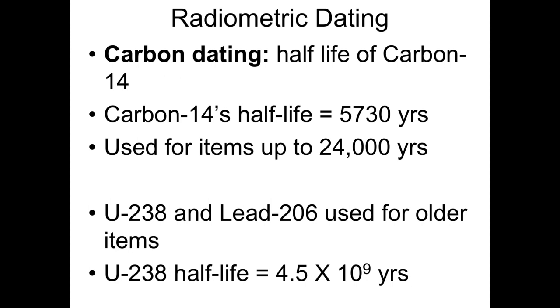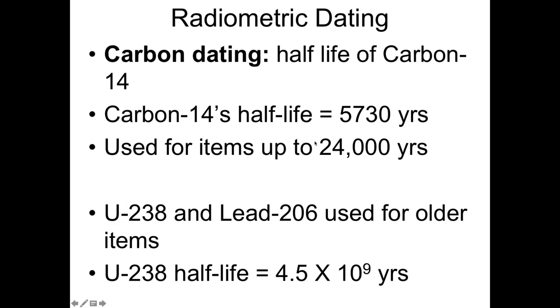We can utilize this. So carbon dating used to be the first one when we would look at organic substances. Organic just means life. So you're made of organic material, plants, your dog, your cat. We're all carbon-based. And so if you were to happen to become a fossil, one, that would stink, but if you were to become a fossil, the amount of carbon-14 in your body would slowly break down, and then we could determine roughly when you passed away if you were dug up thousands of years later.